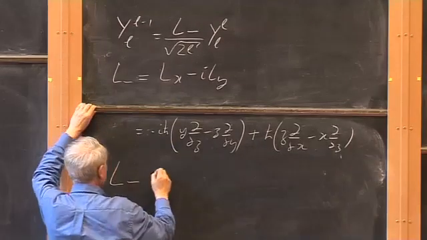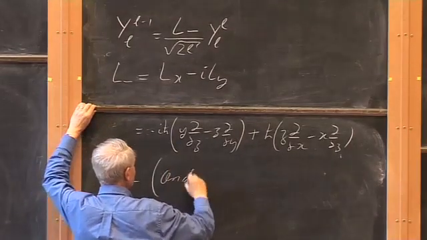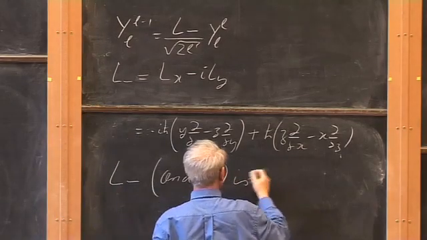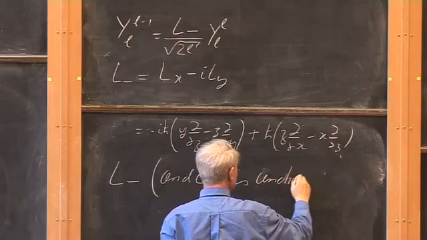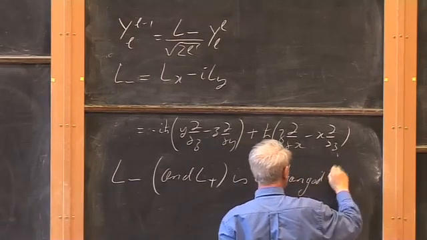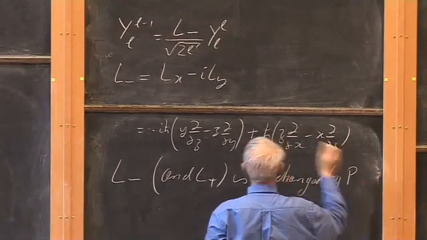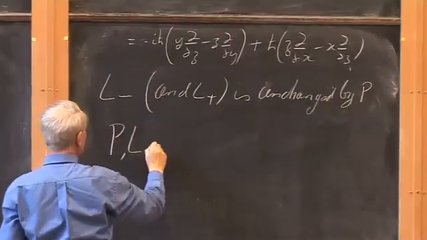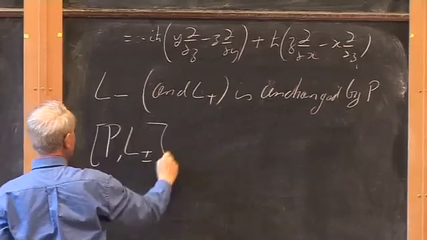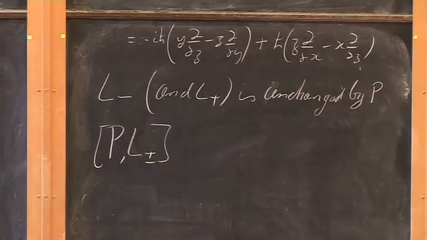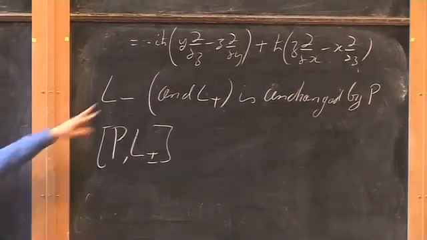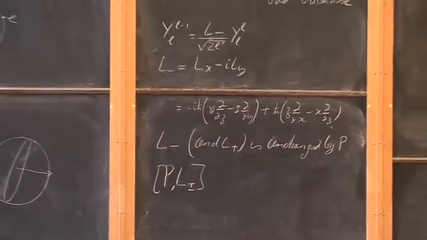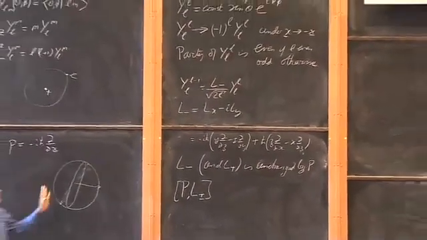L minus, and also, as a matter of fact, L plus is unchanged by P. The strict mathematical statement is that the parity operator commutes with either of these animals. Indeed, all the angular momentum operators commute with the parity operator, basically because they contain products of positions, or if you like, ratios of positions, whatever.